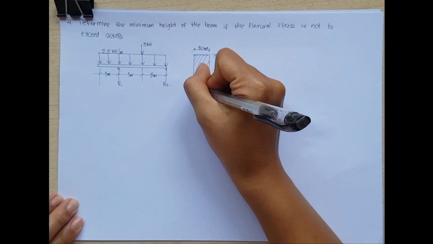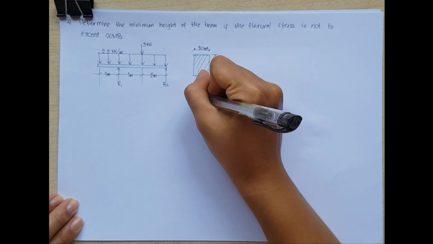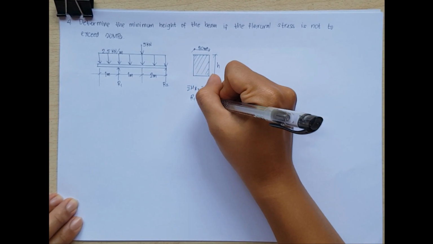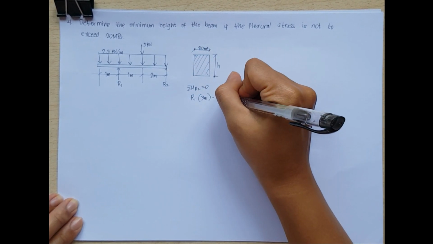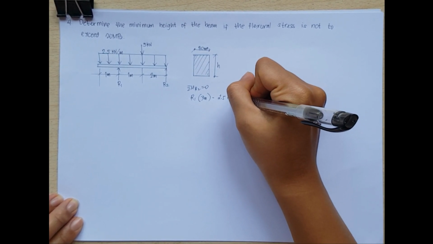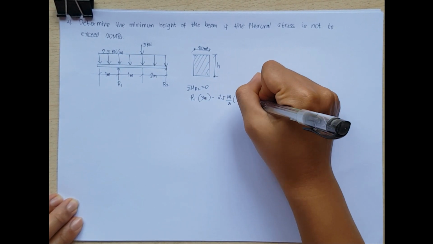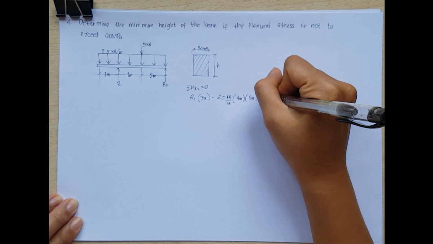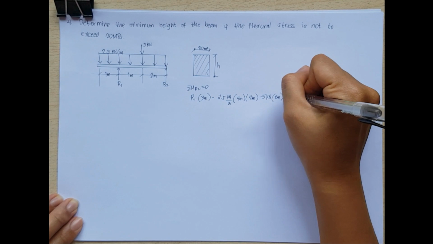So, we have here the summation of moment of R2 is equal to 0. So, R1 multiplied by 3 meters minus 5, or let's say 2.5 kilonewton per meter of 4 meters multiplied by the moment arm of 2 meters minus 5 kilonewton. Moment arm is 2 meters. It's equal to 0.